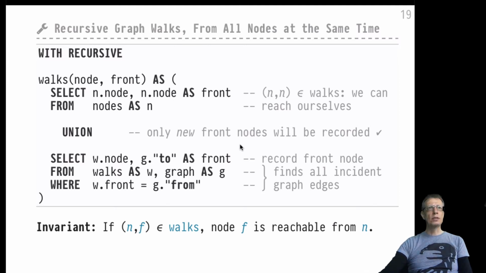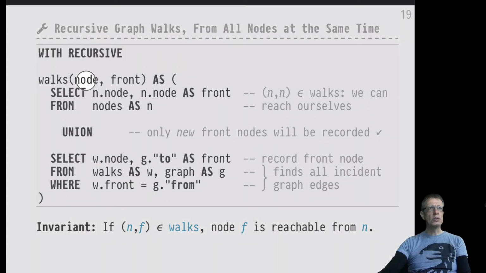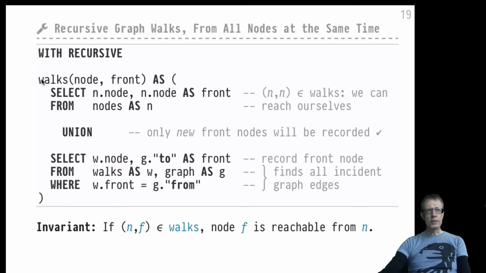I think that's quite nice. So let's see. We will compute this particular relation, the walks relation, this binary or two-column relation. This will be computed, and as I told you already, it's a good idea to think in invariants when you think about such recursive common table expressions.